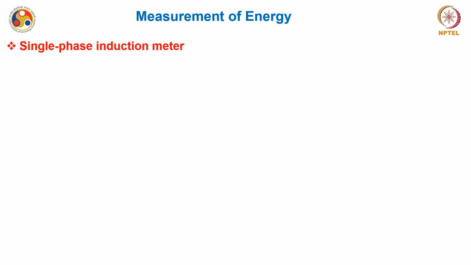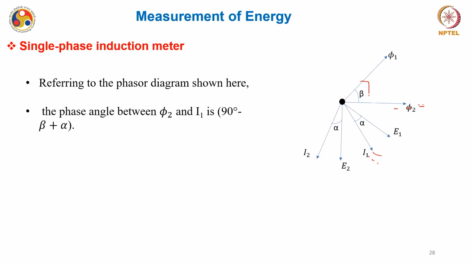So if this is 90, which was the phase angle between phi 1 and E1, this angle can be given as 90 minus beta, and then you are calculating the phase difference between phi 2 and I1, so this angle plus this angle. This was 90 minus beta and this is alpha.